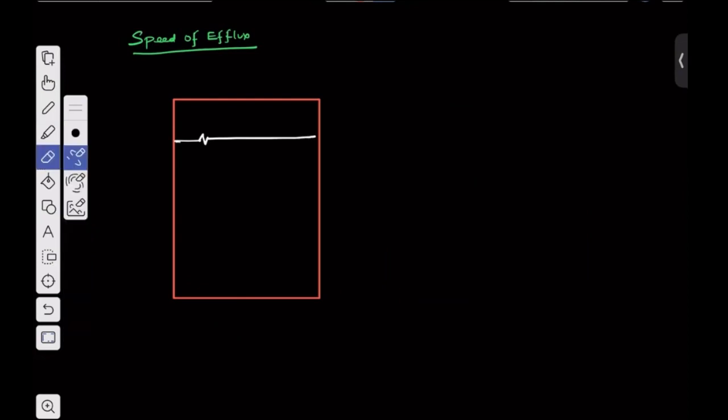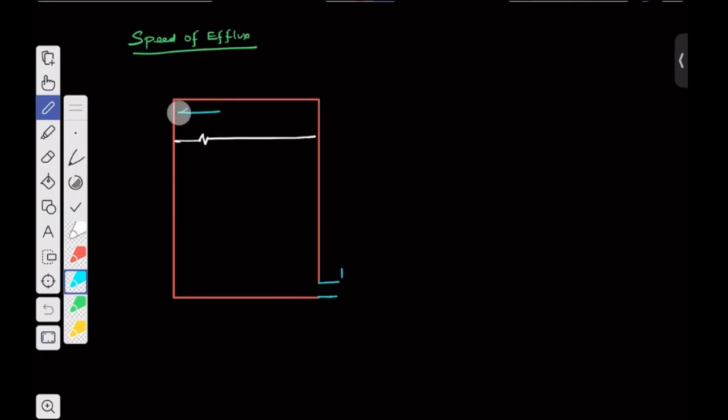And we have made an opening at the bottommost point, and suppose the area of the cross section of the tank is A1, and the area of the opening that we have made is A2. The fluid that we have filled in is of density rho, filled up to height h.